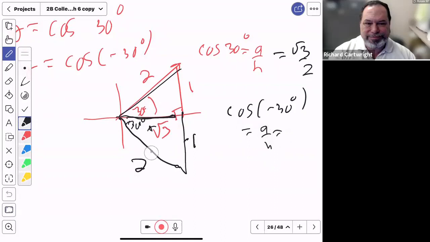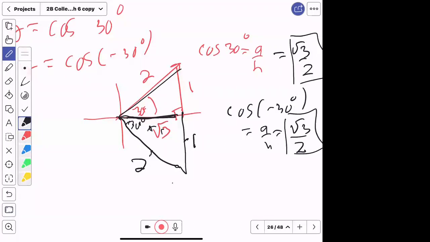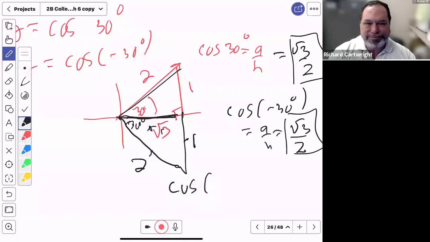Now the adjacent is, that's weird, the adjacent is still square root of 3 over 2. What did you notice? They're both positive. So you can literally say the cosine of a negative 30 is the same as the cosine of 30.